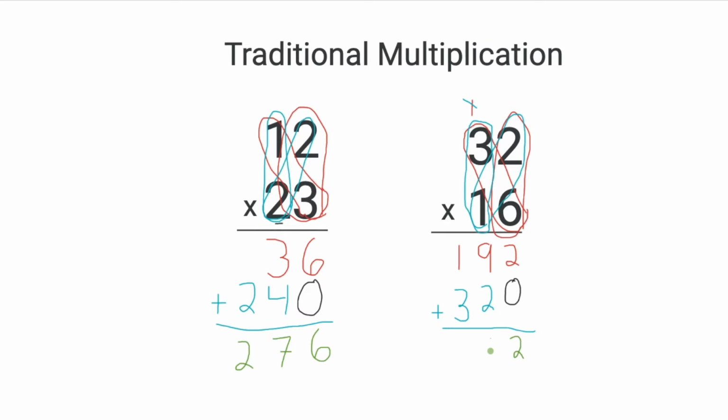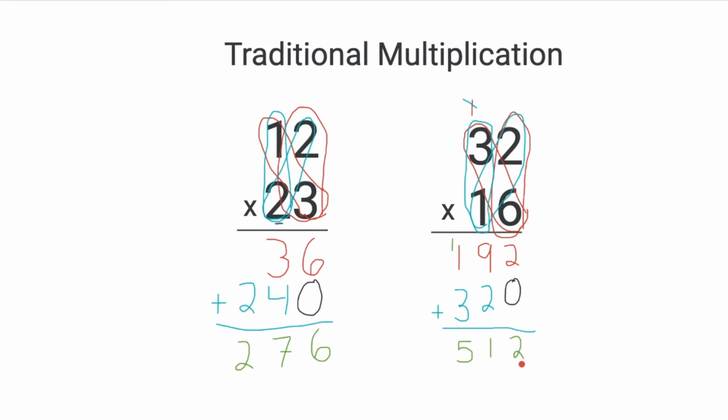And we end up with a product of 512. So this is the traditional multiplication method. And this is the one that if you are educated in Canada or the United States or the United Kingdom, you're probably going to see the most. A number of the Commonwealth countries as well, you'll probably see this one the most.